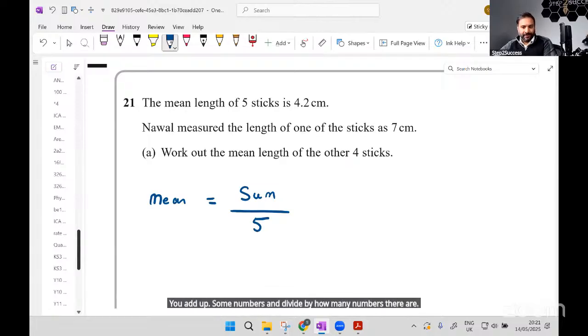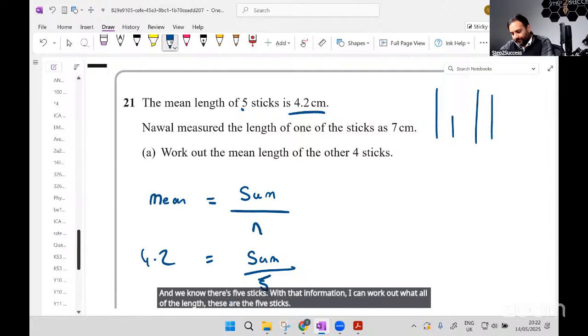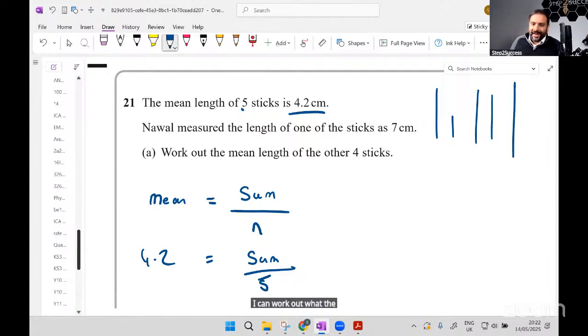In this case, they have told you the mean is 4.2, and we know there are 5 sticks. With that information, I can work out what the lengths of all of the sticks add up to.